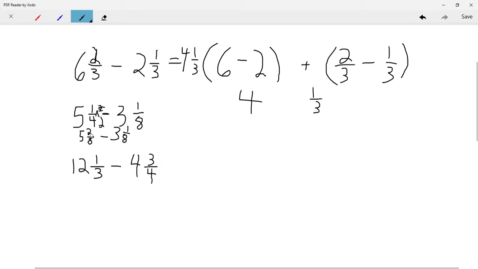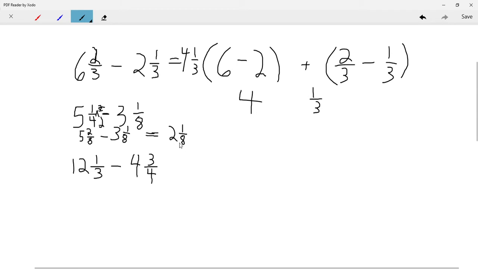But in this one, 2/8 is bigger than 1/8, so we can just do that normally. So 2/8 minus 1/8 is 1/8, and then 5 minus 3 equals 2.